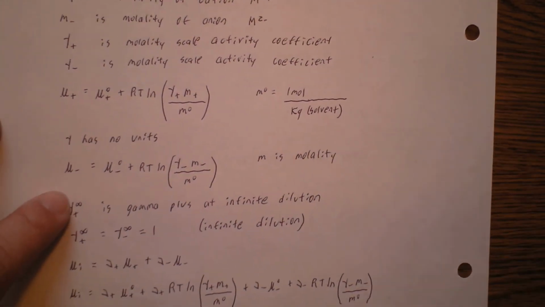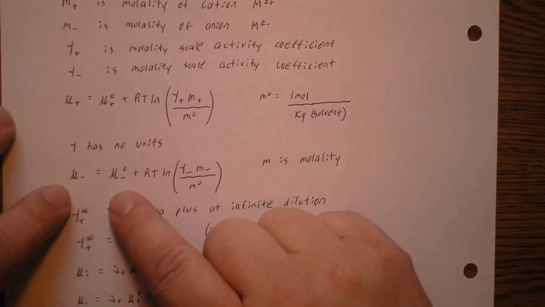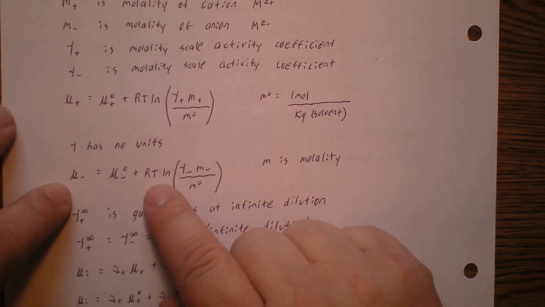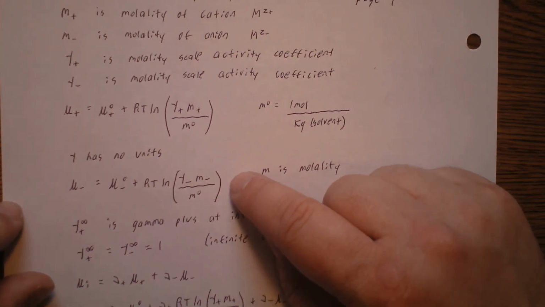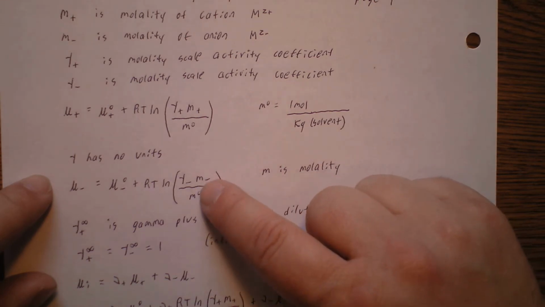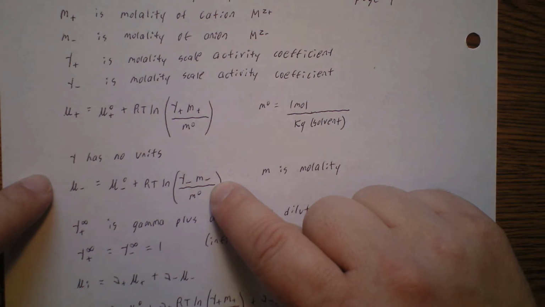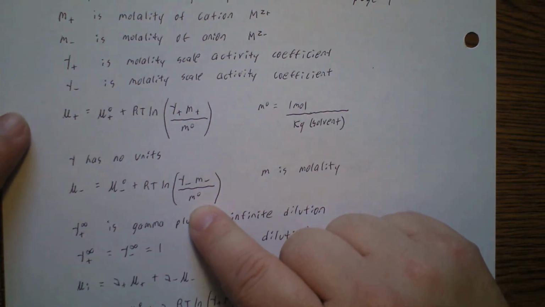Then we have the chemical potential of the anion is going to be equal to the chemical potential of the anion in the standard state, plus the gas constant R times the temperature times the natural log of the molality scale activity coefficient for the anion times the molality of the anion divided by m0, which is the standard state molality.